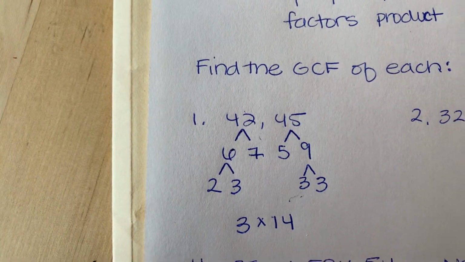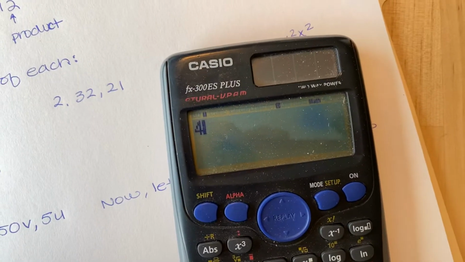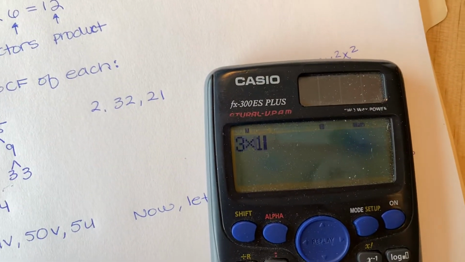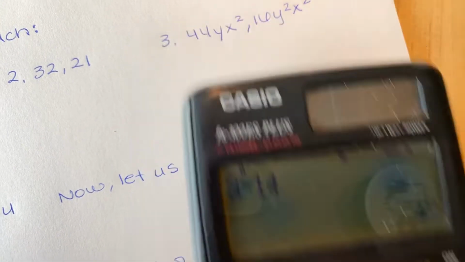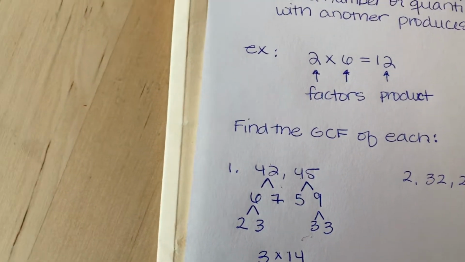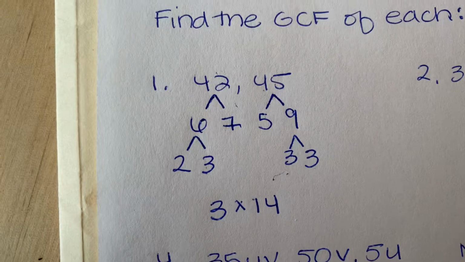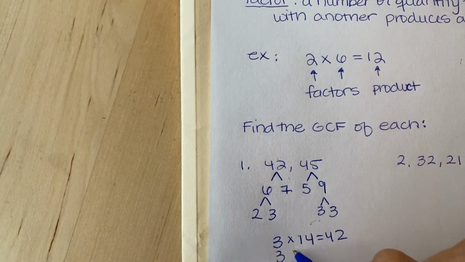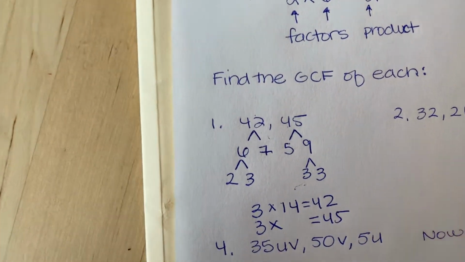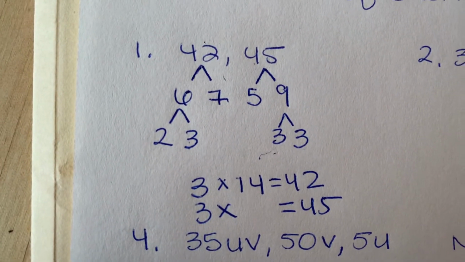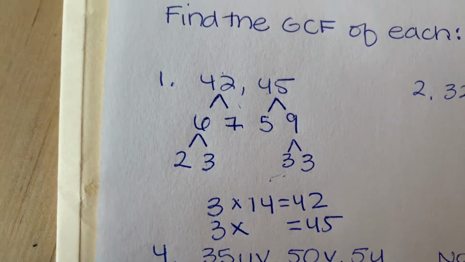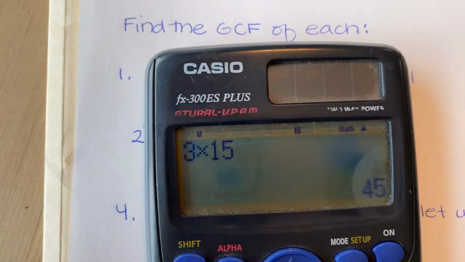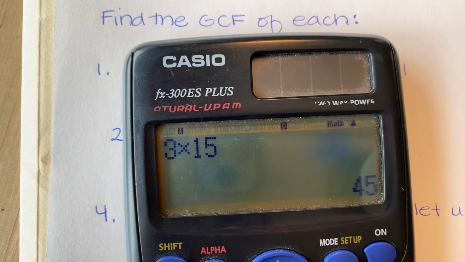Okay, 3 times 14 is 42. I had the window open, so I got all dusty. So 3 times 14 gives me 42, and 3 times 15 gives me 45.